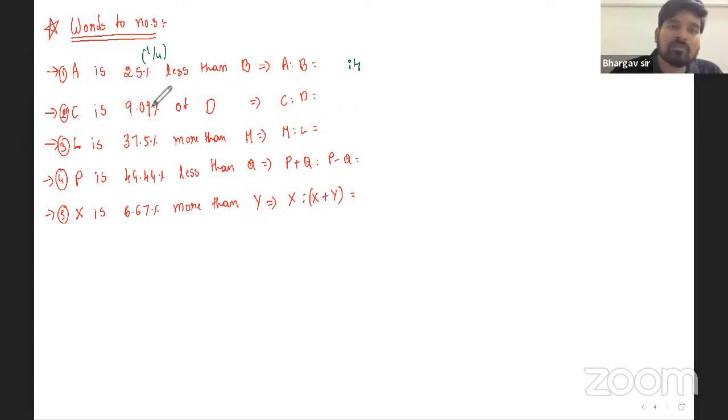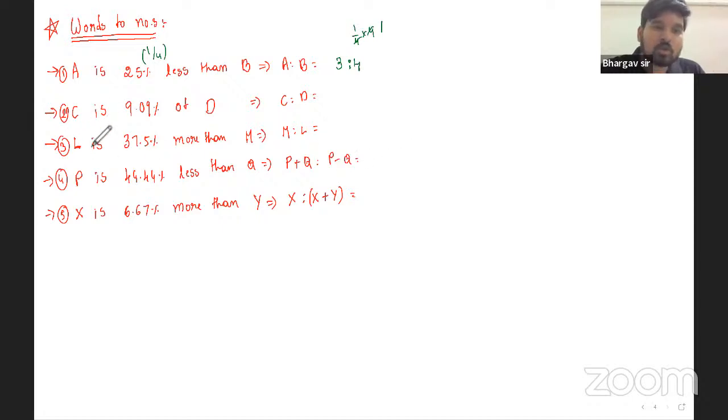A is 25% less than B. 25% of B is 1/4 of 4 which will be 1. मतलब इनडायरेक्टली एक कम है, तो it will be 3/4. What will this be? 3/4. 3:4.